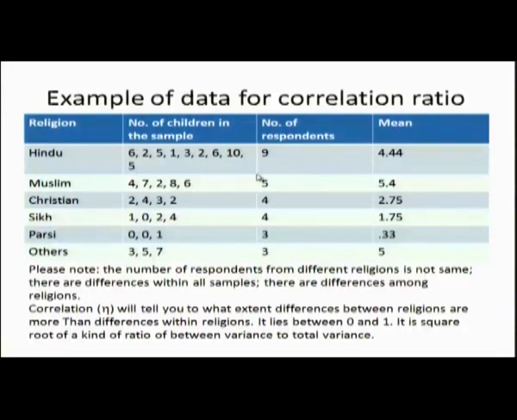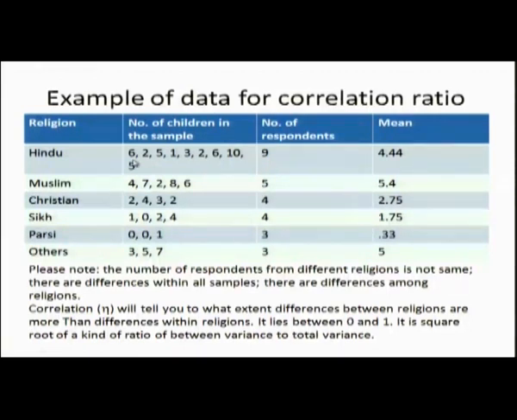Example of data in which we have to calculate the correlation ratio. There are different values of x; x may be quantitative or qualitative. This is qualitative: Hindu, Muslim, Christian, Sikh, Parsi, others, and the number of children. Then you can calculate the variance of all these values, that will be the denominator.